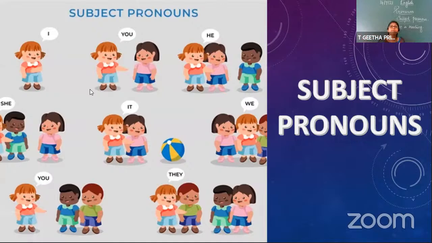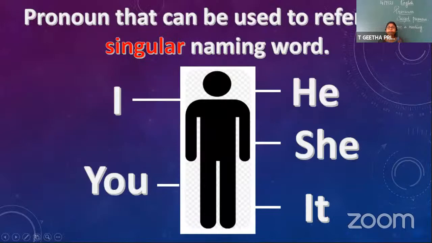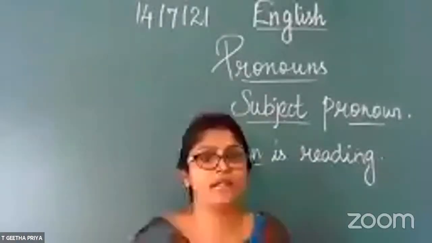These are the pronouns that refer only to singular naming words: I, you, he, she, it. These are the five pronouns we use instead of a singular naming word.